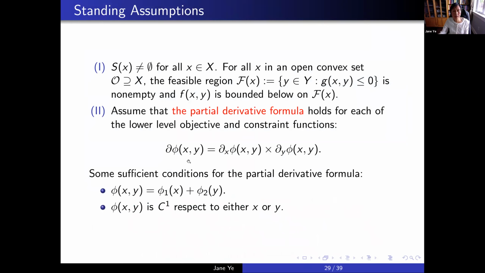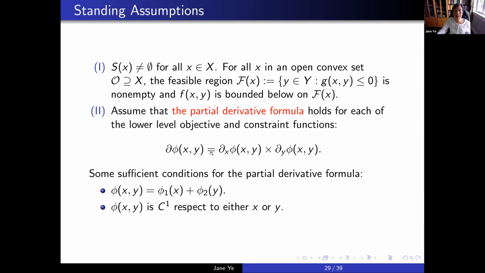We also need some assumptions. We assume the solution set is non-empty, the feasible region is non-empty, and the lower level objective is bounded below on the feasible region. There is also this assumption, because we are using non-smooth subdifferentials. For convex functions, it is just the convex subdifferential.